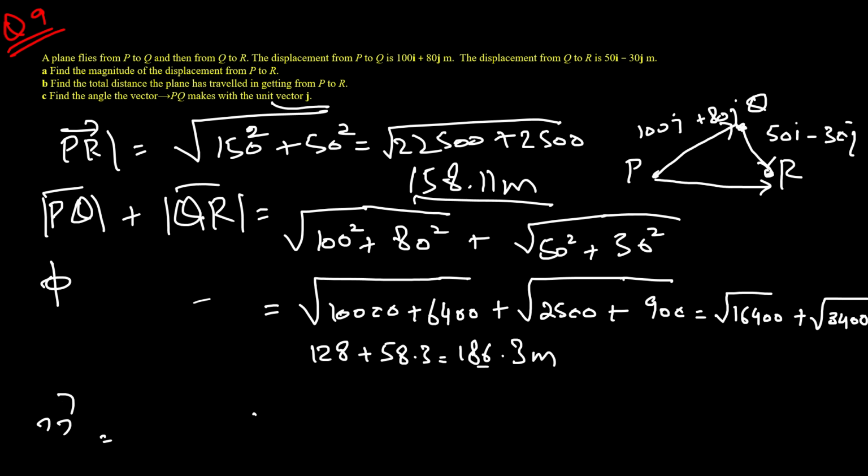So it is given by something like this. Theta is equal to tan inverse of the vertical component of vector PQ, which is 80, over the horizontal component, which is 100.